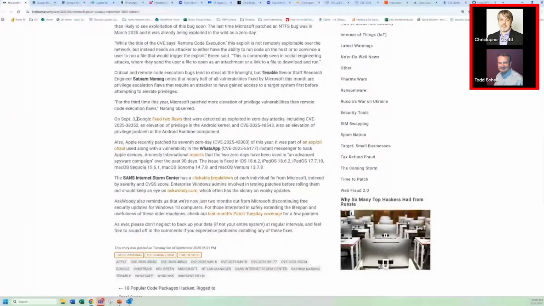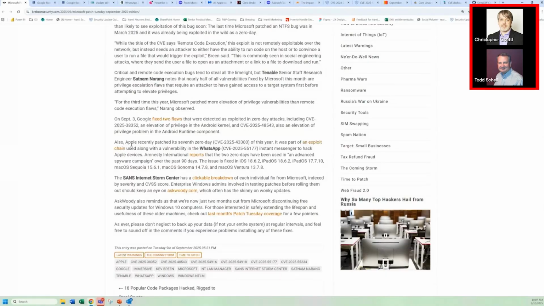So if you have not updated Chrome or made sure that Chrome got auto-updated since earlier this month, that's going to be one of your higher priorities, making sure that you get those Google updates in place, because there were some exploited vulnerabilities there. WhatsApp was another application that definitely had some active exploitation recently.